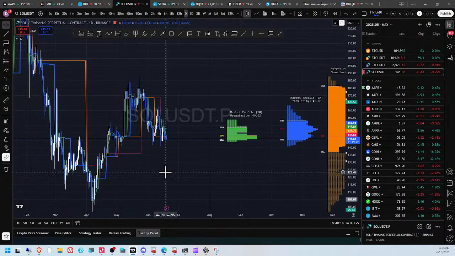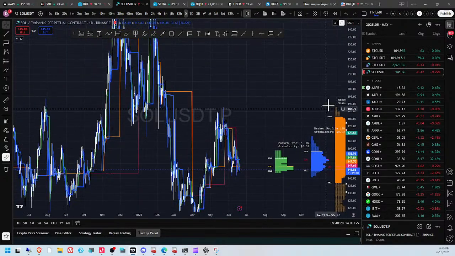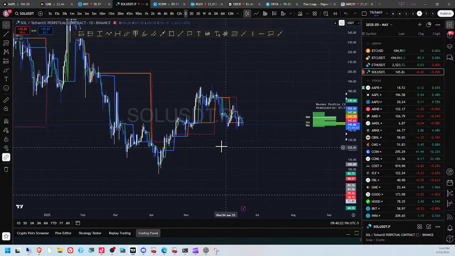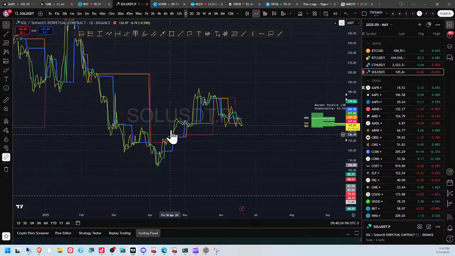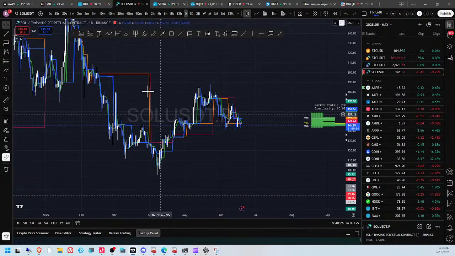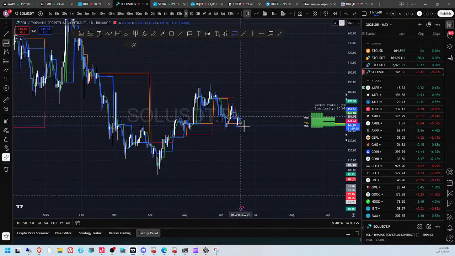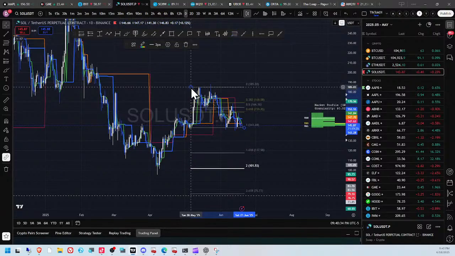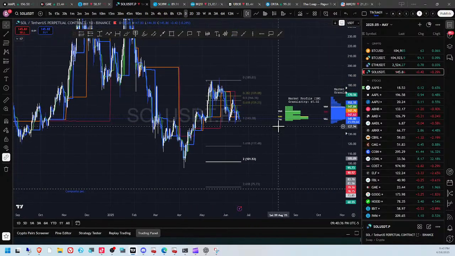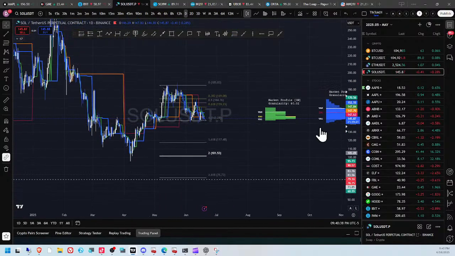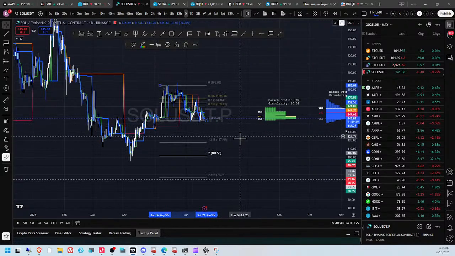Down, I'm concerned about a potential move lower. This to me is like a head and shoulders. Sometimes even going back to something as simple as fibs is not really helpful, but sometimes they do line up.